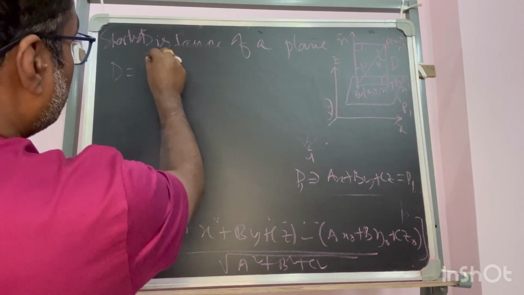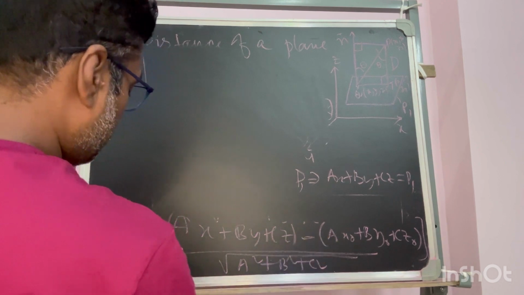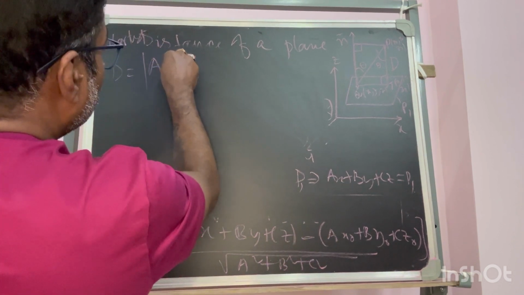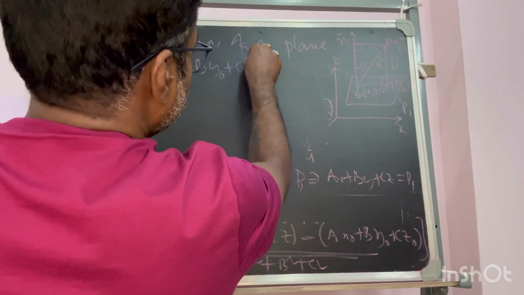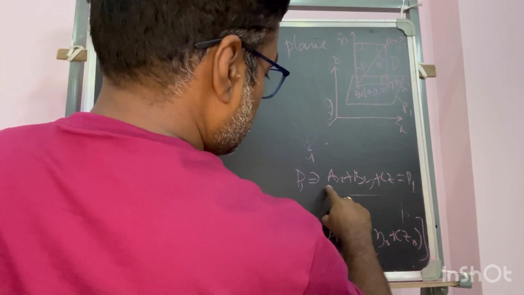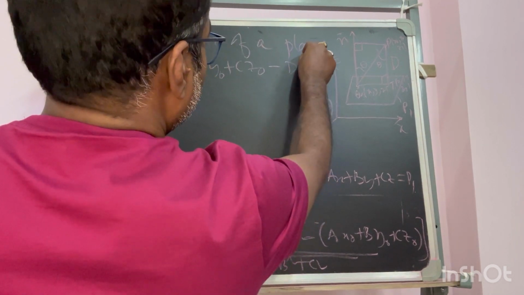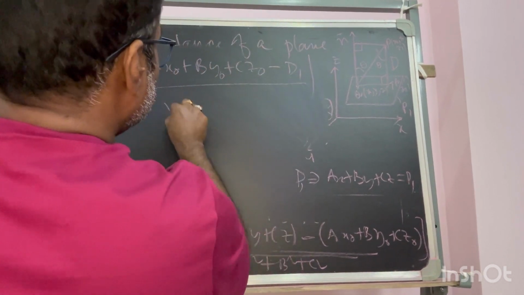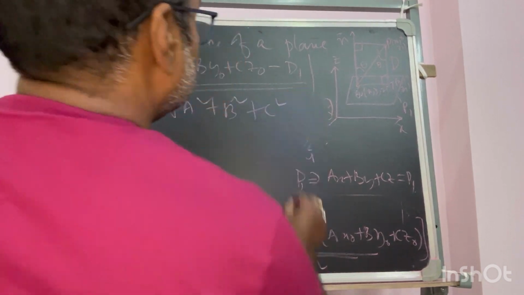Now if I take the minus sign from there, it will become minus. So ultimately, ax0 plus by0 plus cz0 minus this will be replaced by D1, because the equation is such. So this becomes over root of a square plus b square plus c square.